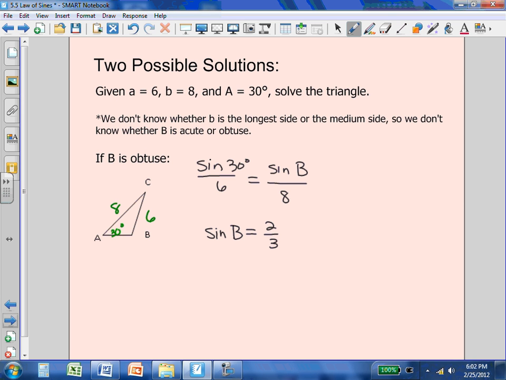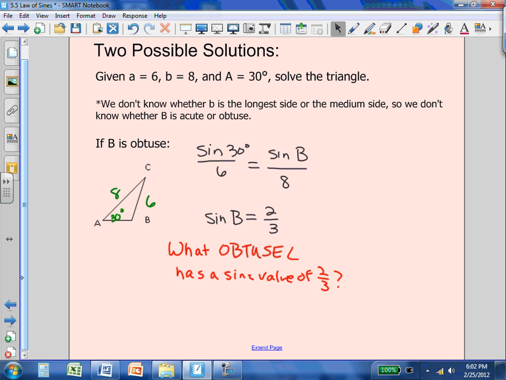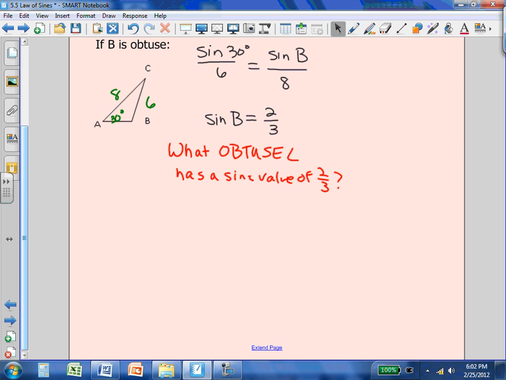Now, here's the big question. What obtuse angle has a sine value of 2/3? Our calculator is going to give us an angle measure.